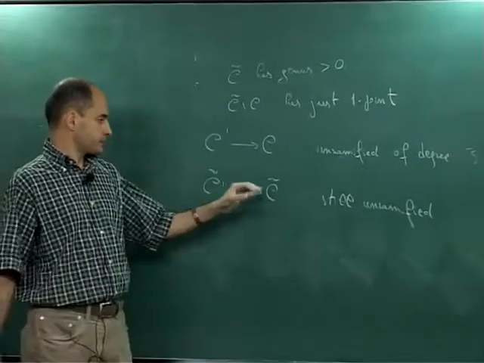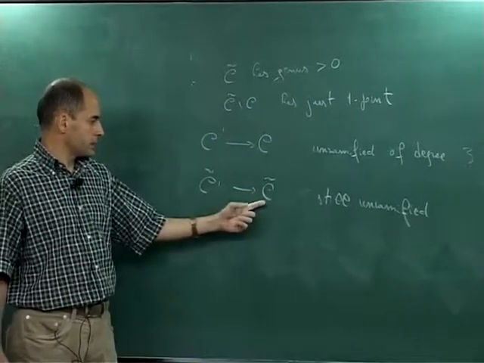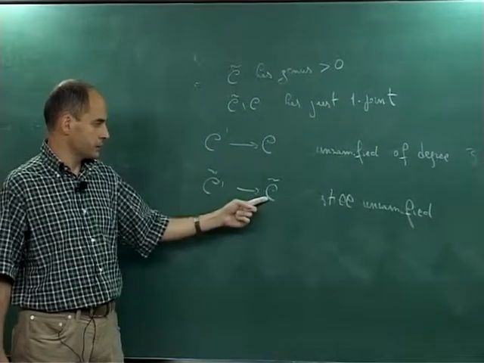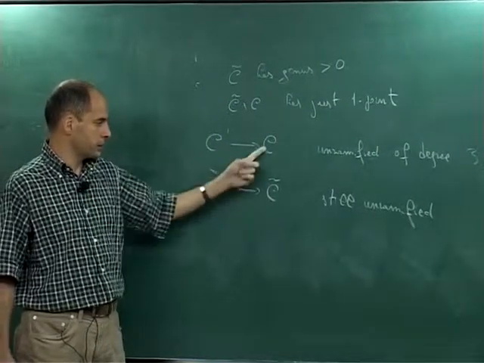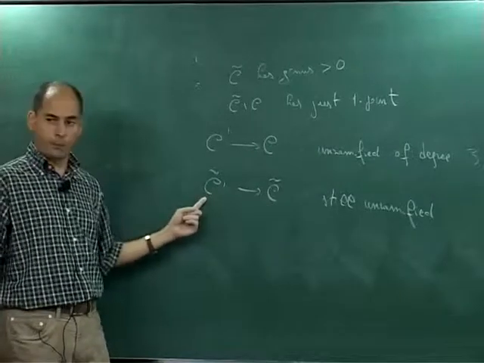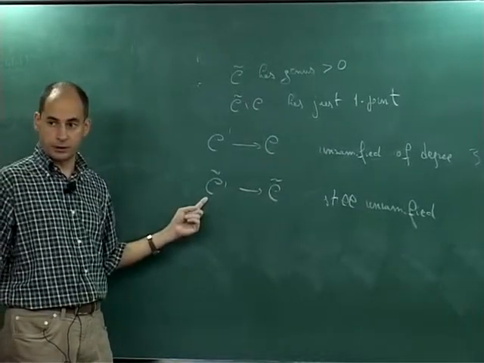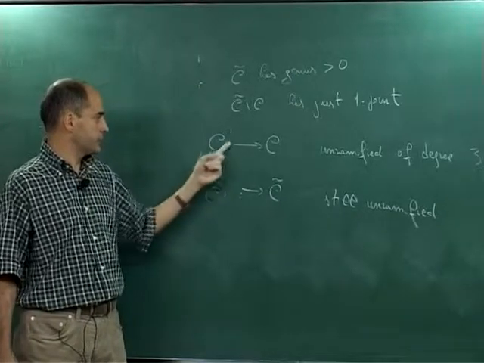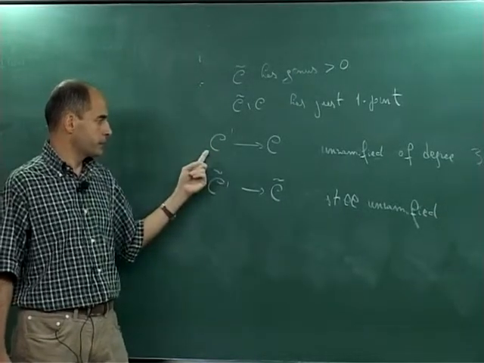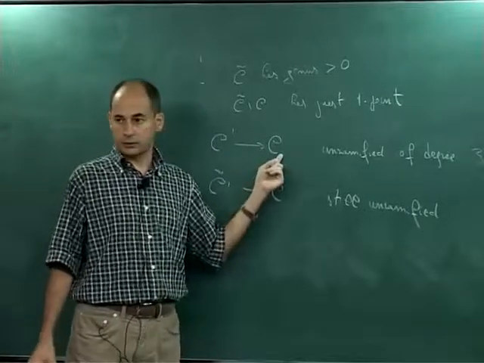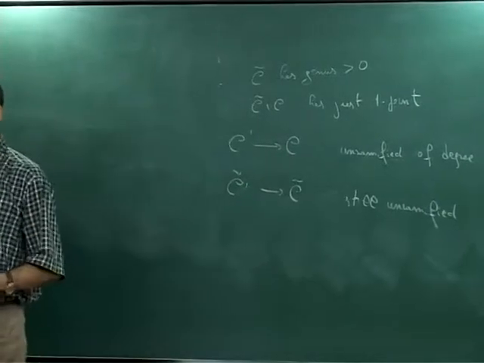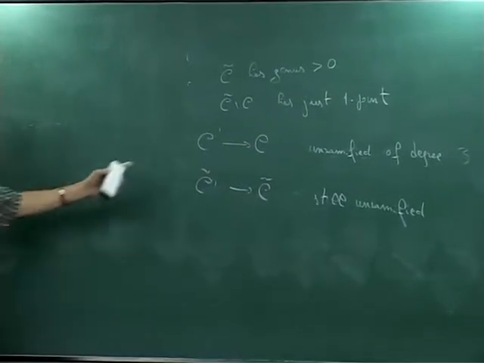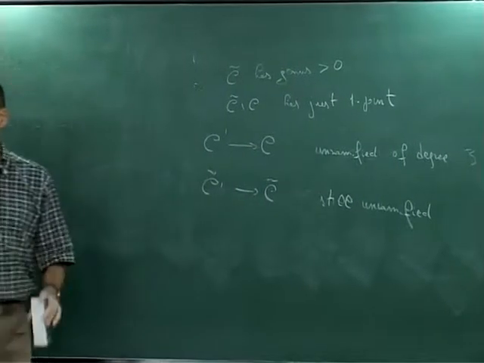So in this case, over the unique point at infinity of C, which is the unique point of C tilde minus C, lie 3 points in C prime tilde. So the finiteness of integral points of C prime gives the finiteness of integral points on C. And on C prime we can apply our theorem.